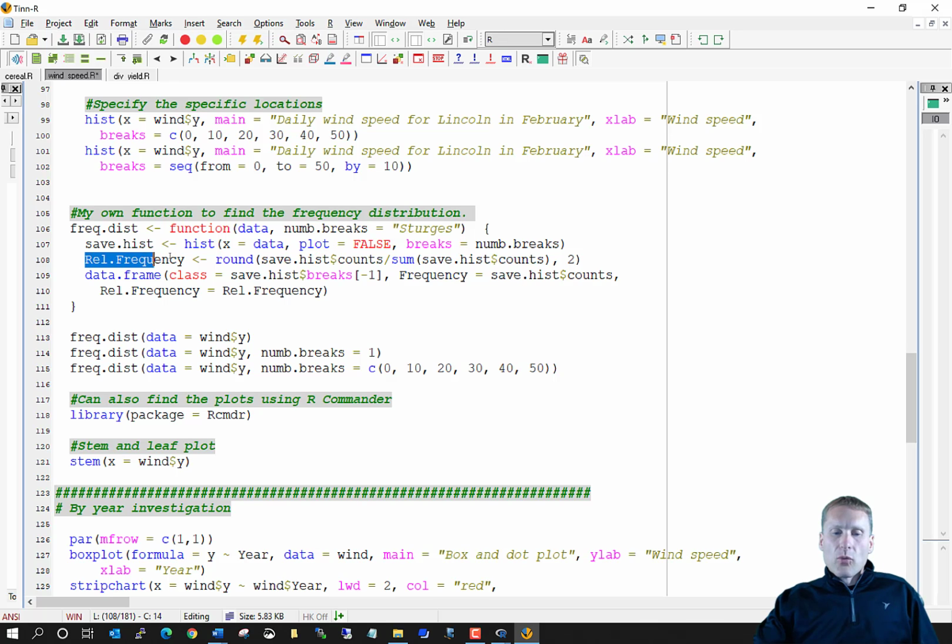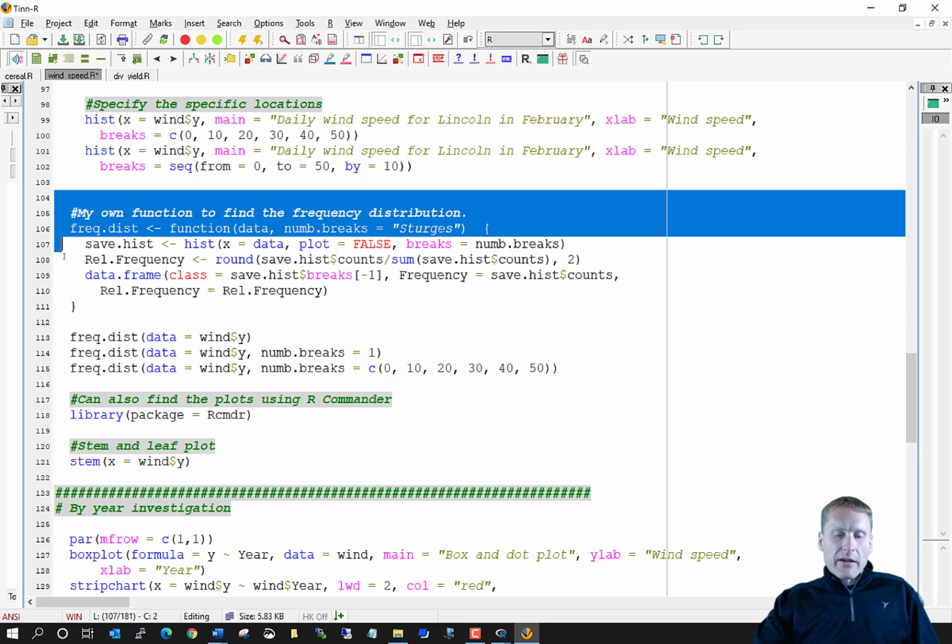Then I'm going to find the relative frequencies, just like we just saw. And then lastly, remember the very last line of the function itself, in terms of one complete statement, is what's returned to the user after they execute the code. And what I'm going to return is that data frame, just like we had calculated before, that contains the frequency and the relative frequencies. So let me go ahead and run that.